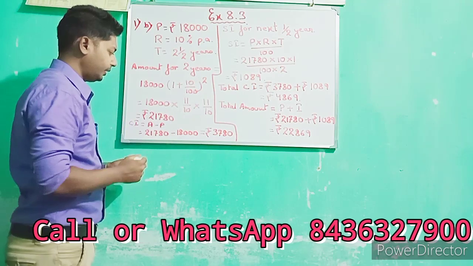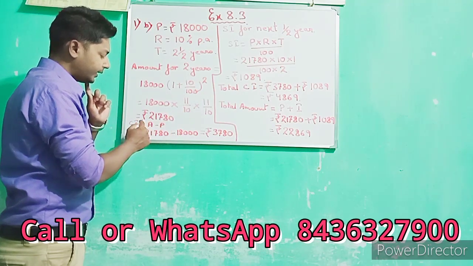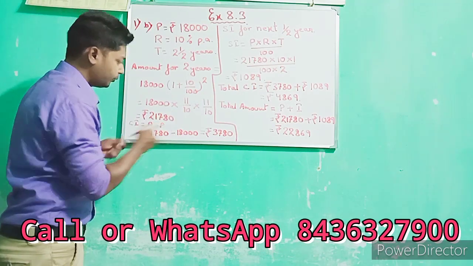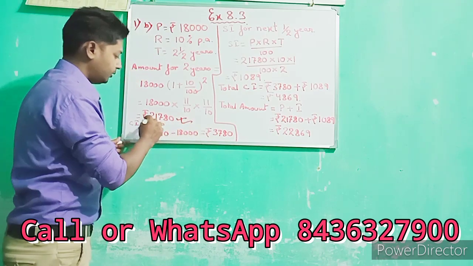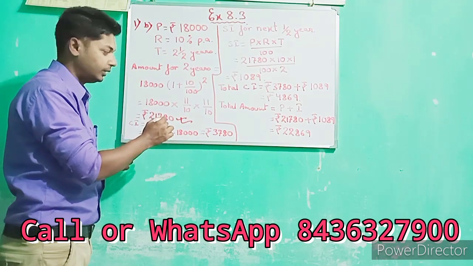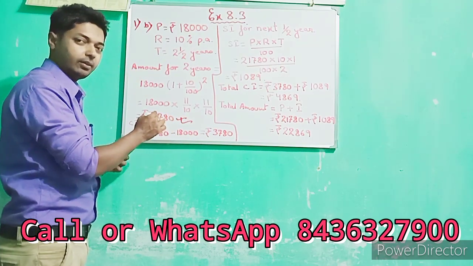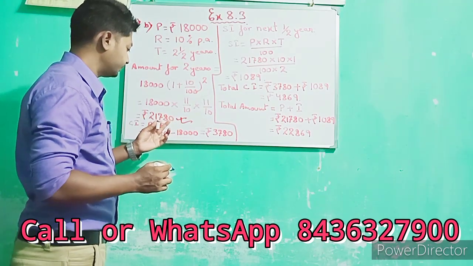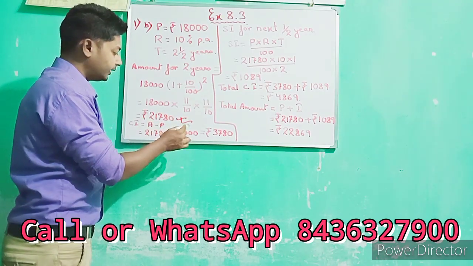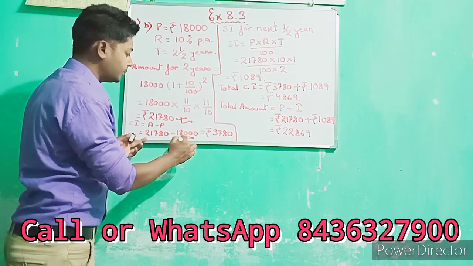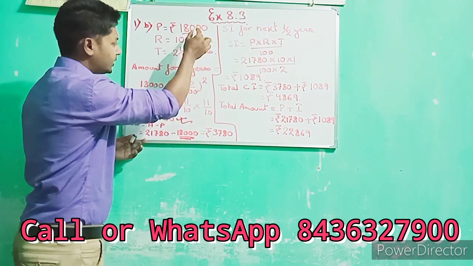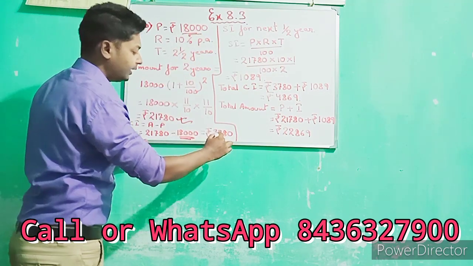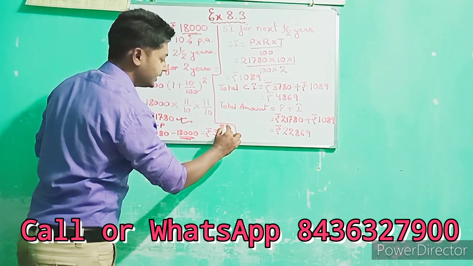After calculating this we get the amount, which includes the CI, or including the interest. After excluding the principal amount, we get the CI.